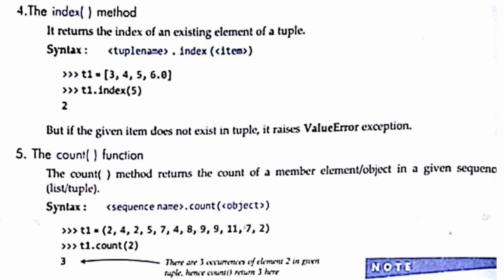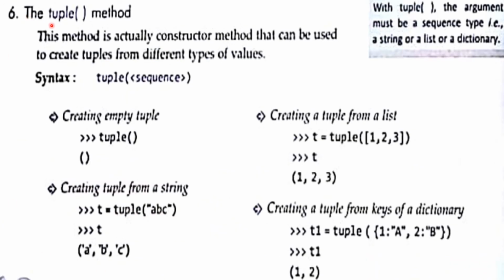Now the last one is the tuple method. This method is actually a constructor method that can be used to construct a tuple from different other types of values. So we can create a tuple from a list, from a string, and from the keys of a dictionary also. This is how we create tuples from other different types of values.